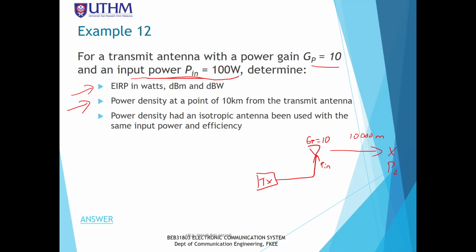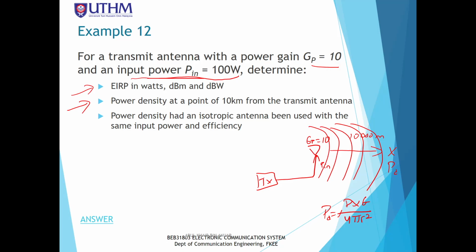Because the antenna radiates the signal, and remember the radiation pattern follows a spherical shape. Therefore, when we want to find the power density, it is equal to power multiplied with the gain divided by 4 pi r square, which is the area of a spherical shape.